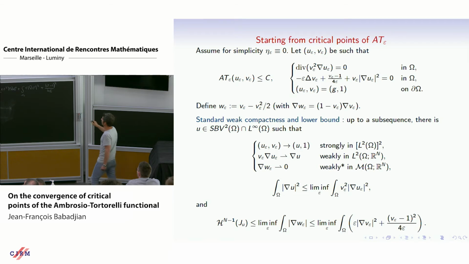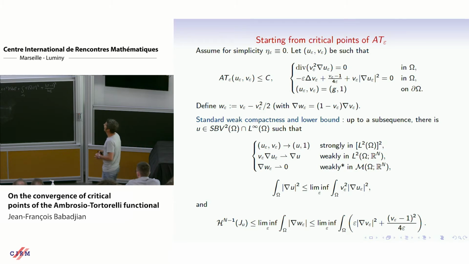Okay, this is because of this energy term, and the coupling term v_epsilon(u) times grad u_epsilon will converge weakly to the approximate gradient of u.